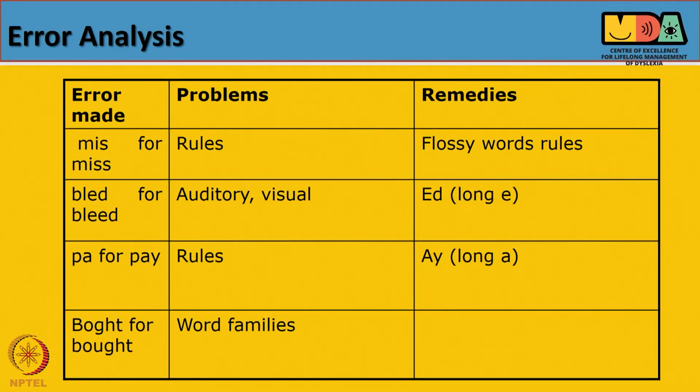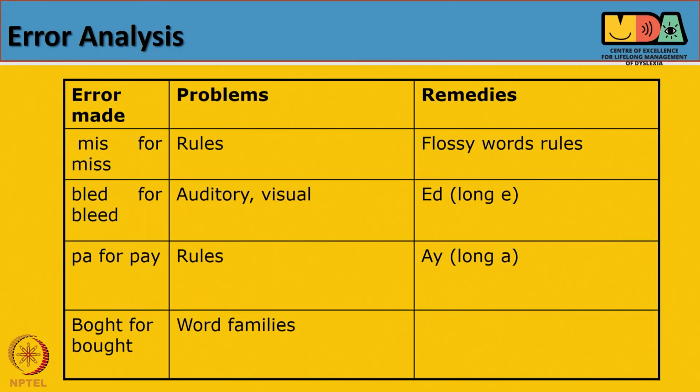So we need to teach him, these are long E vowel sound words. Bleed. And the fact that ed says ed, which is a short vowel. Once we can help him understand the difference between the short vowel sounds and the long vowel sounds, he usually will be able to correct himself.